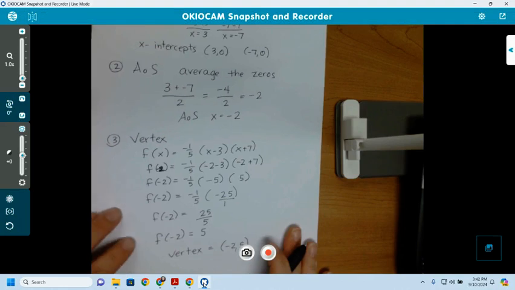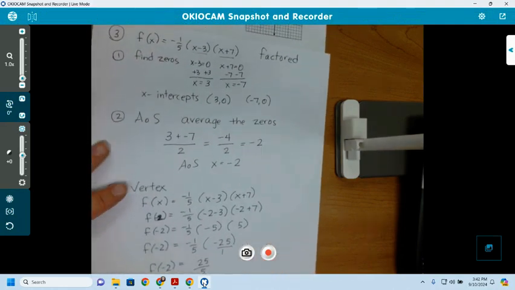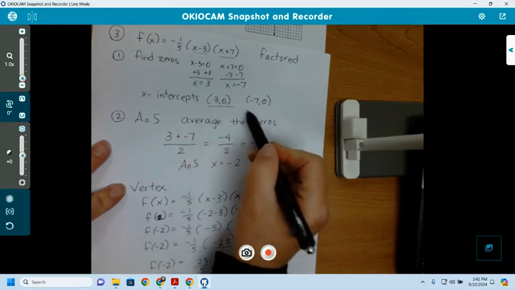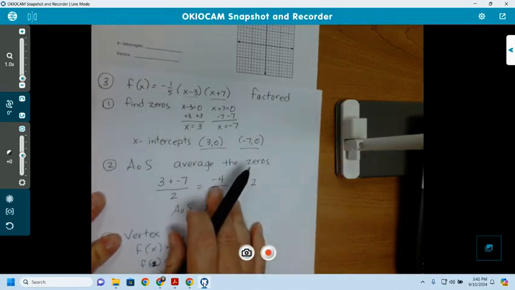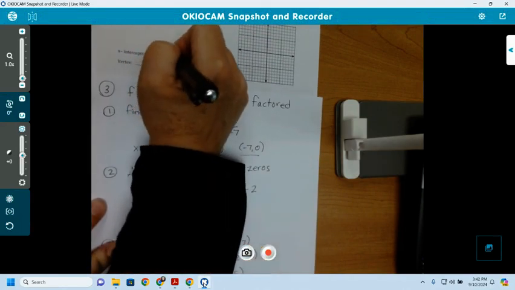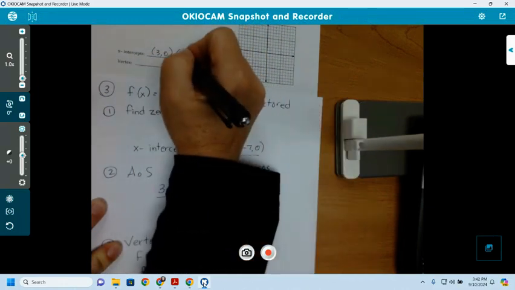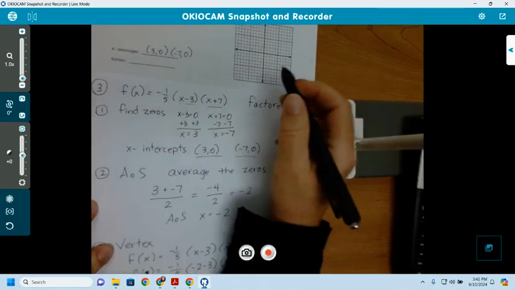So let's take this information and plug it back onto the worksheet. The x-intercepts we have right here. The x-intercepts are 3, 0, and minus 7, 0.